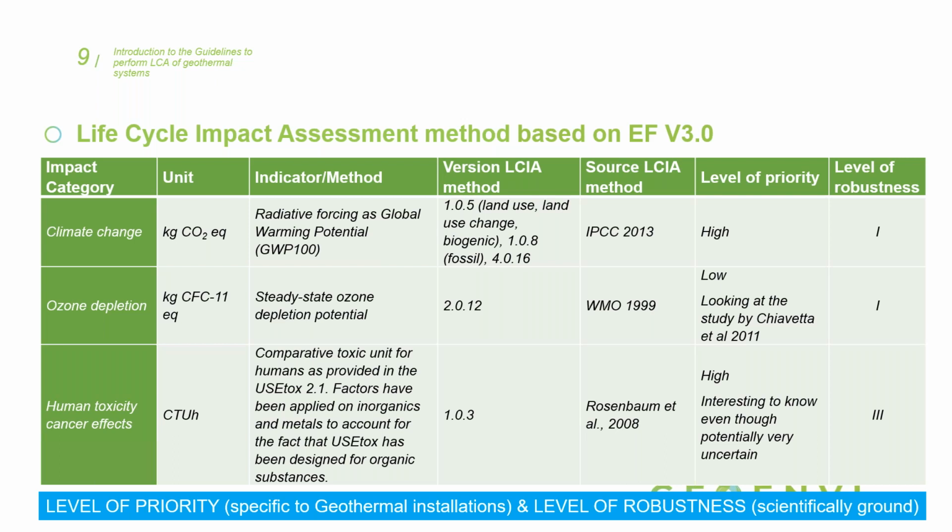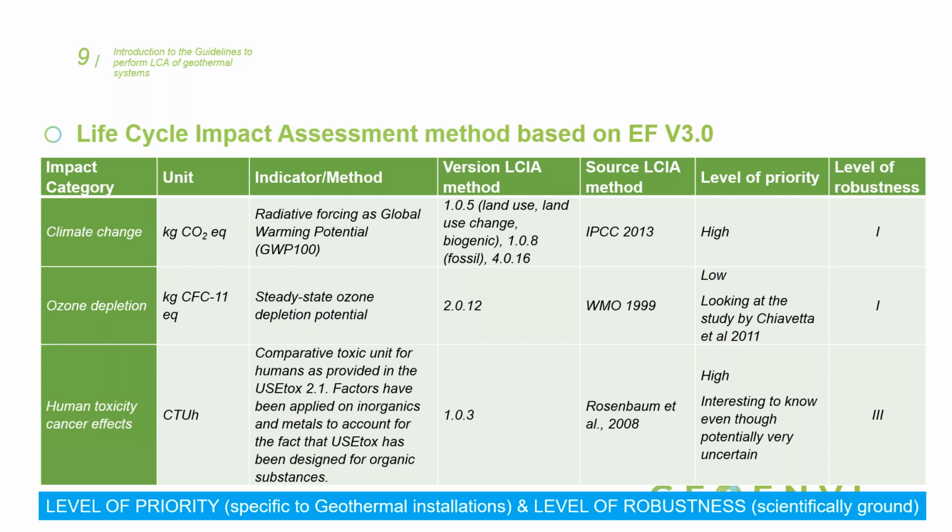In our case, in the GEOENVI case, a selection of impact indicators is proposed, and these are based on the last update of the life cycle impact assessment method proposed by the European Commission Joint Research Center, which has developed and been testing the environmental footprint version 3.0.